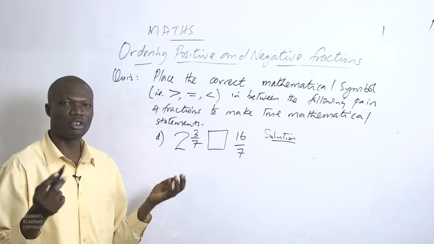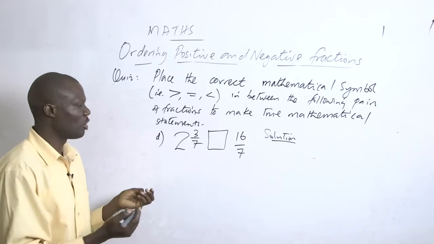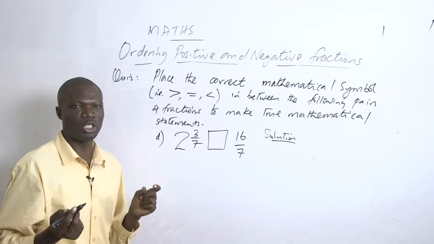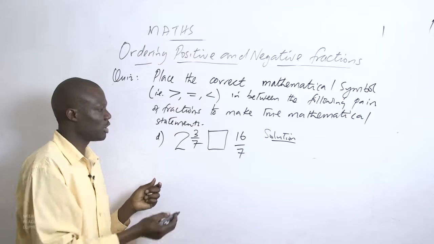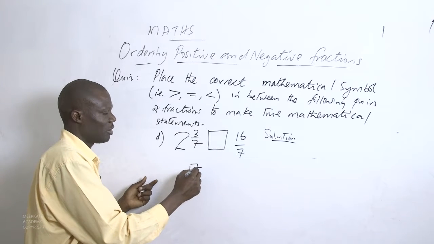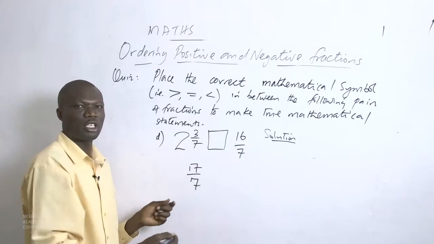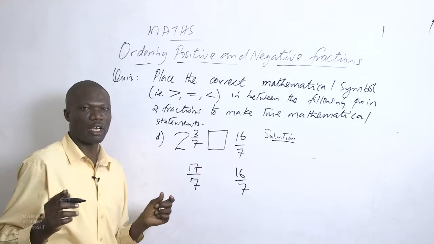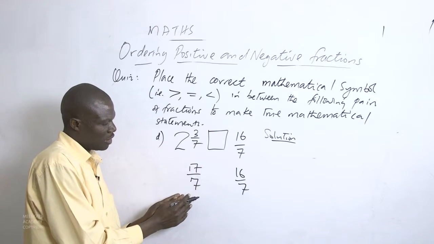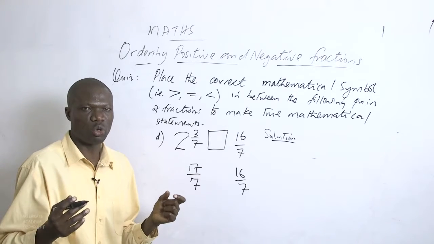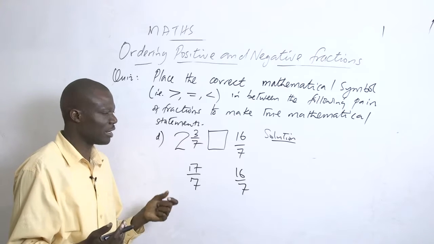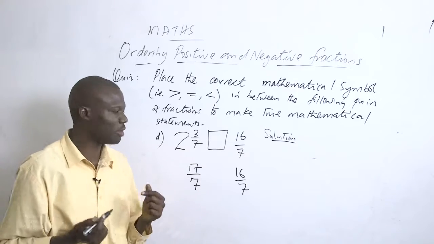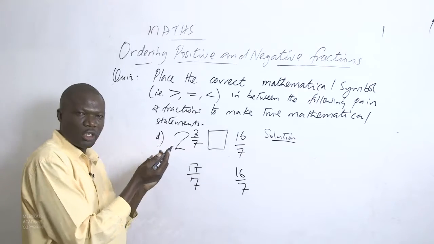To convert it, using any of the methods, we have 2 times 7, which gives us 14, plus 3, which gives us 17. So the first one is the same as 17 over 7, and the other is already improper, which is 16 over 7. Between 17 over 7 and 16 over 7, which one is greater? Because the denominator is now the same, 7, we consider the numerator.